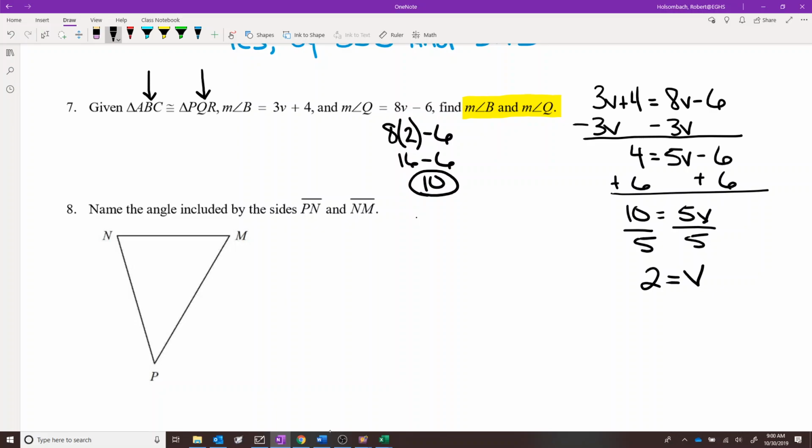PN and NM. Isn't N in both descriptions? Isn't N sitting right here?